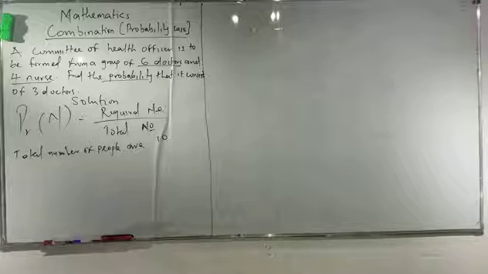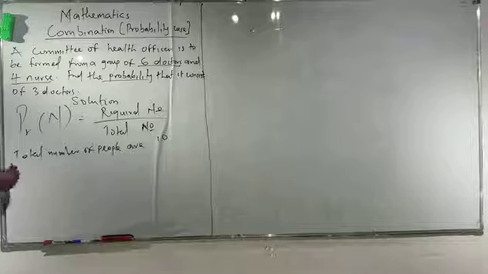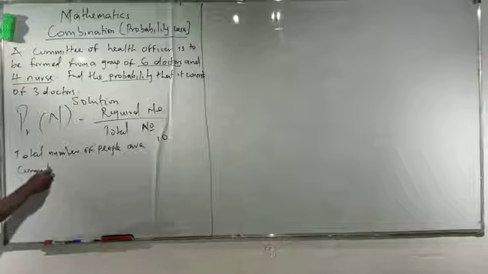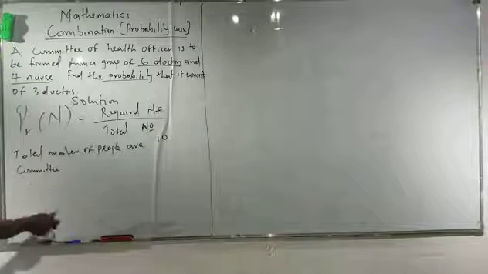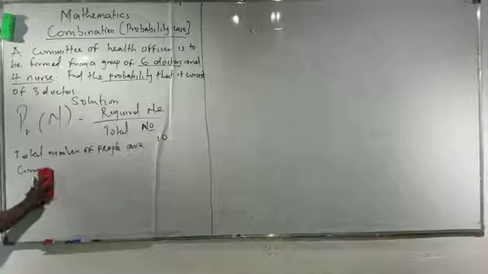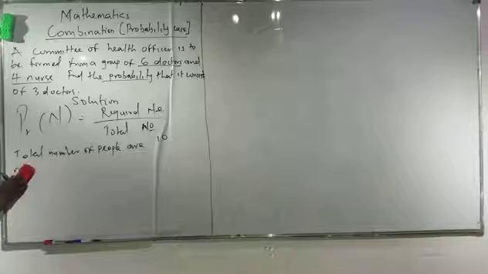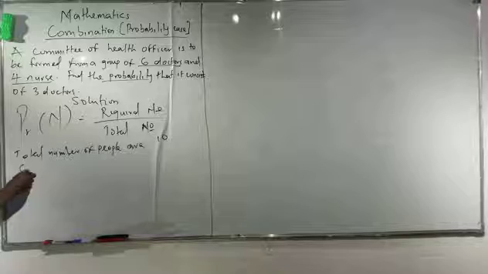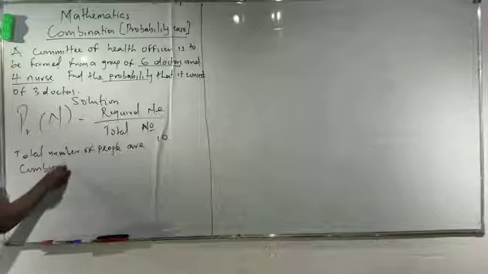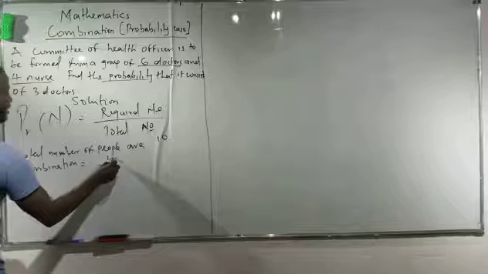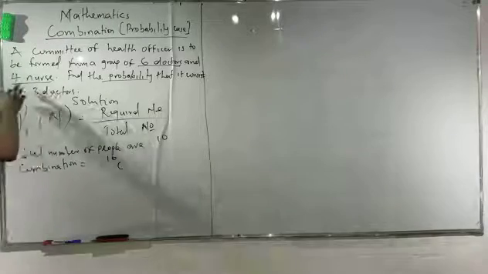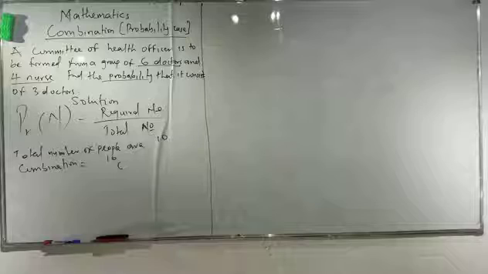Now, if I take it in combination form, or selection form, I'm writing combination. The combination will be equal to 10 combined 5, because this plus this is this.